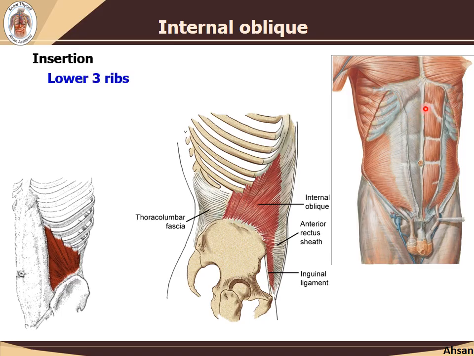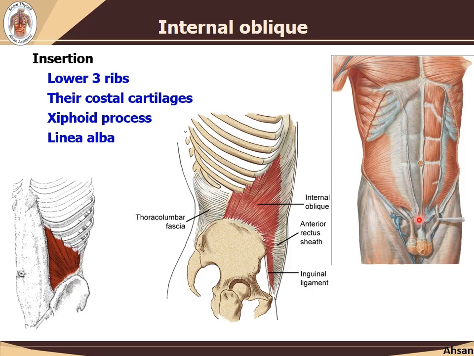So it is inserted to the ribs, then to the costal cartilages, then you have seen this is the xiphoid process, then we got the linea alba, and the linea alba goes to the pubic crest and pubic tubercle. So this area is the symphysis pubis. So the total attachment is to the lower three ribs and the costal cartilages, then the xiphoid process, linea alba and symphysis pubis. So this area gives insertion.